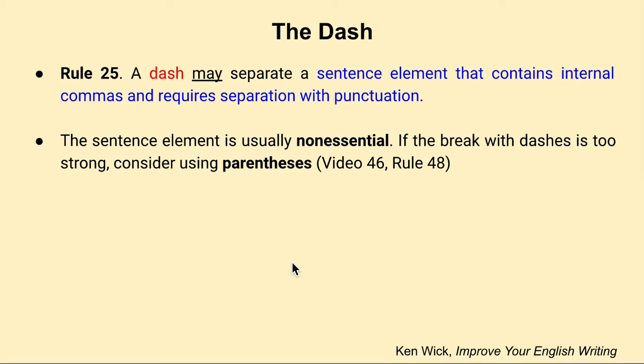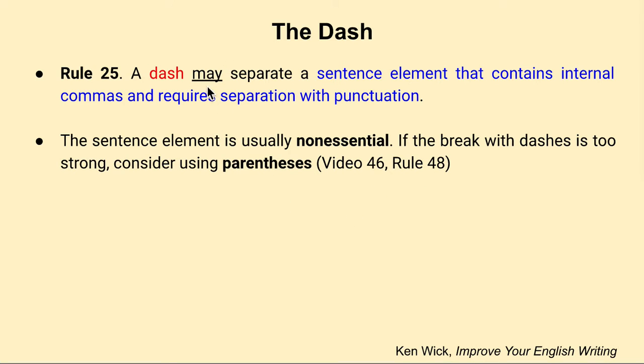Usually that sentence element is non-essential, and if the break with dashes is too strong, consider using parentheses, because when you have a sentence element that has internal punctuation and it itself needs to be separated with punctuation, your only two choices are parentheses or the dash. The dash makes a strong break, and the parentheses de-emphasize. We'll cover that in a future video.